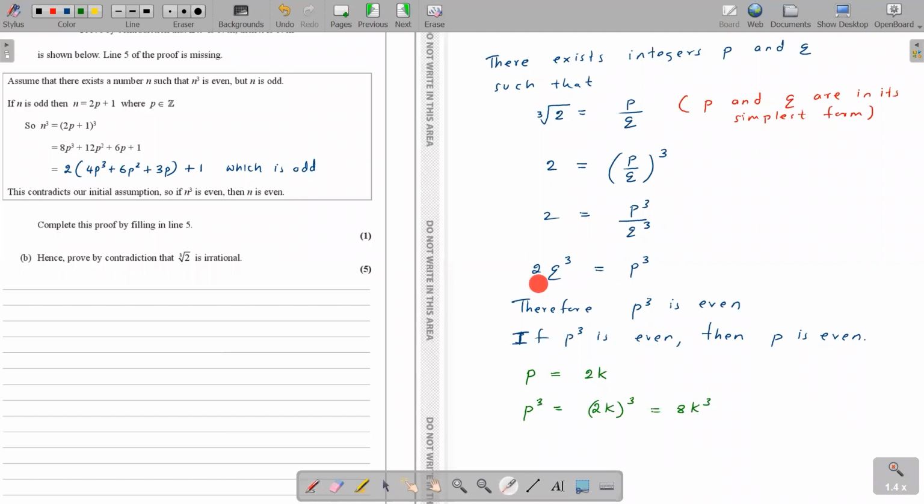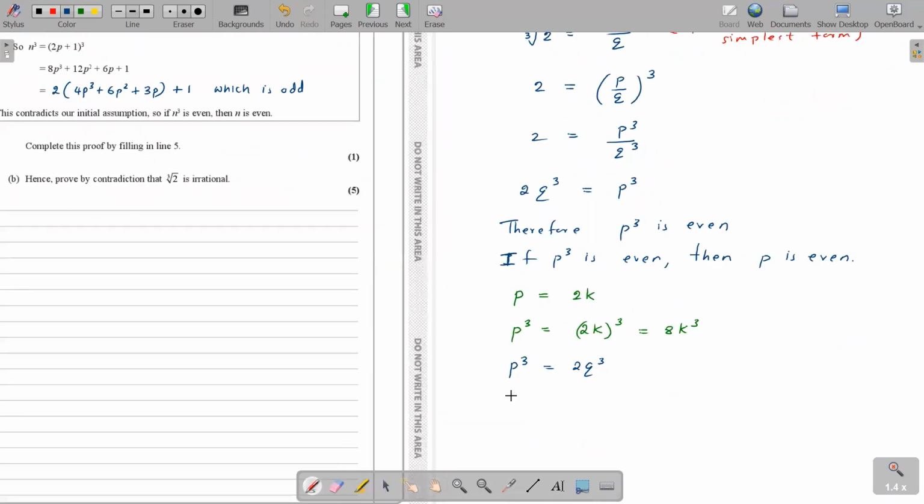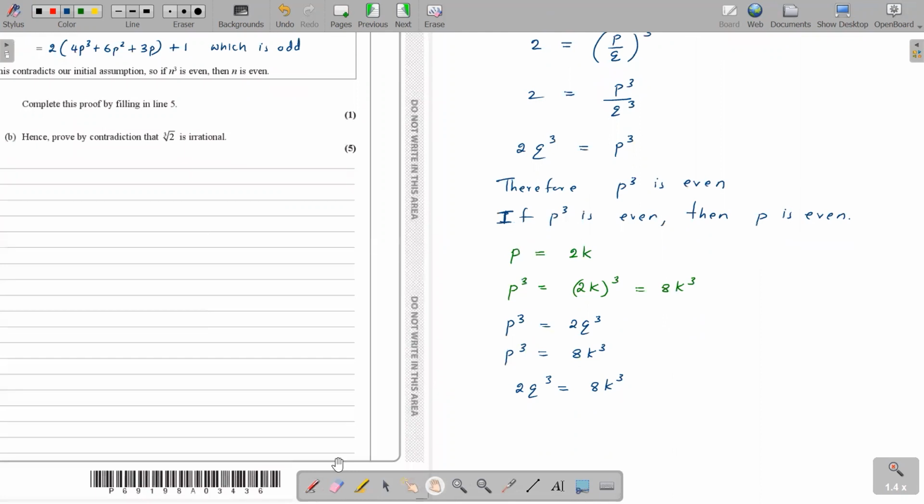You know P cube is equal to 2Q cube. Is that okay? So then we also found that P cube is equal to 8K cube. So then we can equate them and get the Q value, right? Because both of them are equal to P cube. So 2Q cube is equal to 8K cube. So what do we get here for Q? I get here Q cube is equal to 8 divided by 2 is 4K cube.